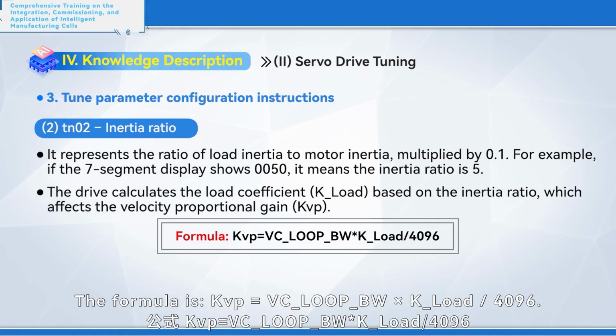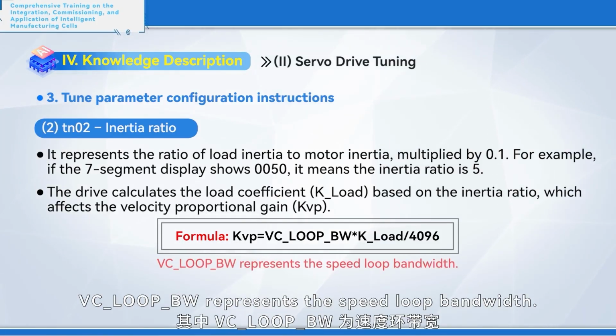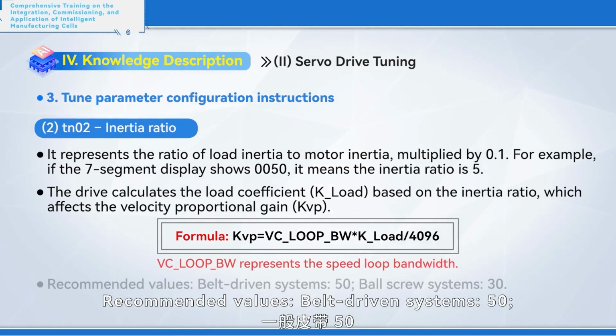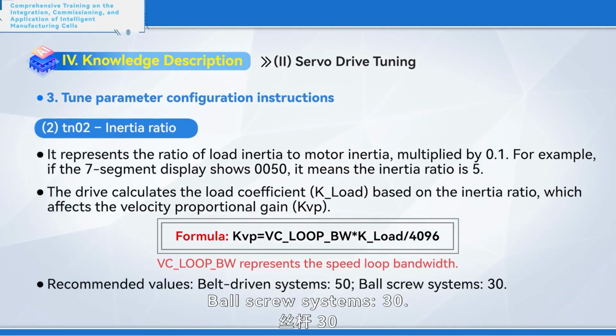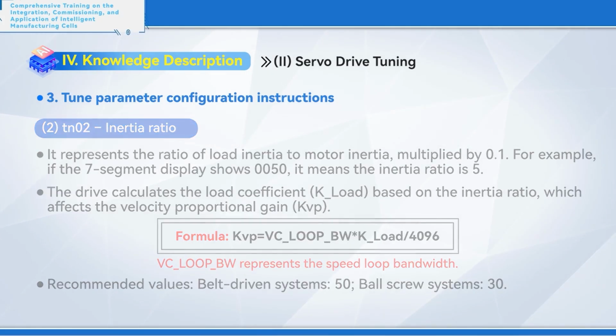The formula is KVP equals VC loop BW times K-load divided by 4096. VC loop BW represents the speed loop bandwidth. Recommended values: belt-driven systems 50, ball screw systems 30.